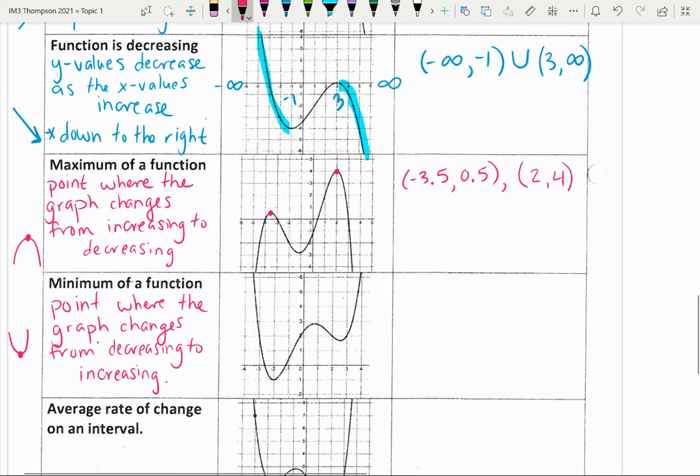Stop, turning point goes up. That's a minimum. Goes up, comes back down, goes down, and then up gives me that minimum value.